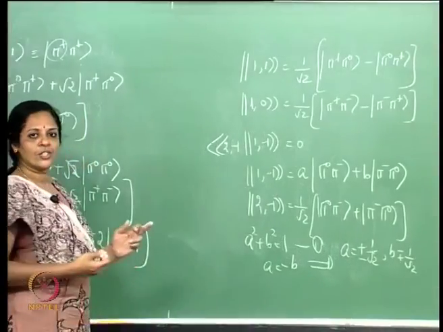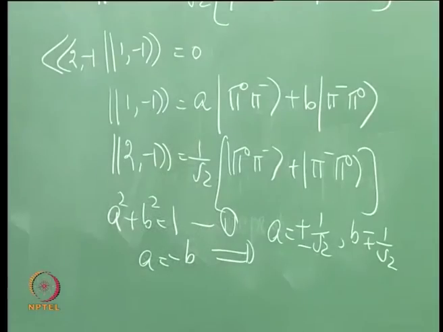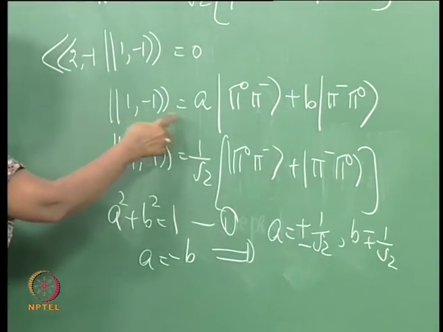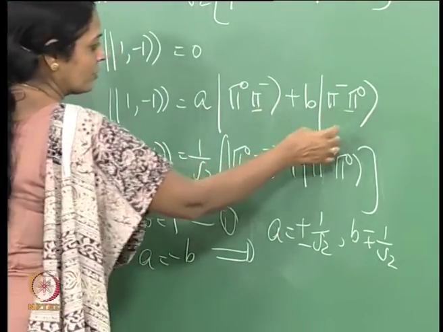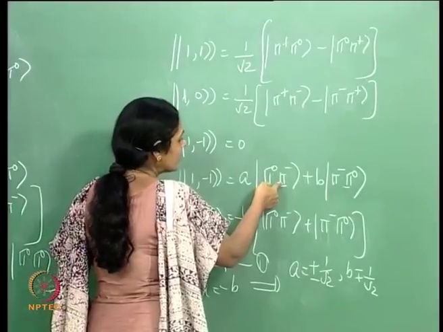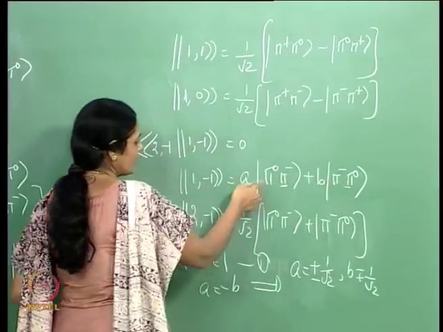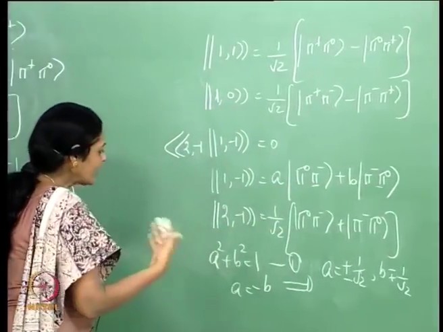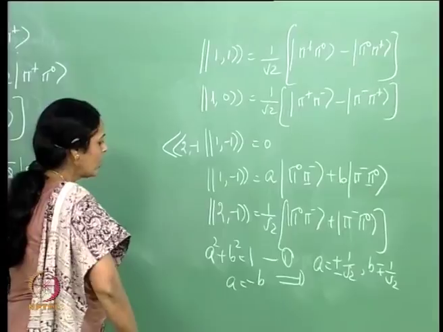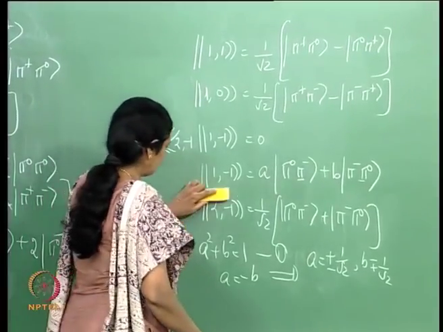I use the convention that I used earlier. Look at the state, look at the second entry, that is my convention. Pi minus has an iz value which is less than pi naught. I put a plus sign here and a minus sign there. So, I choose a equals 1 by root 2 and b equals minus 1 by root 2.